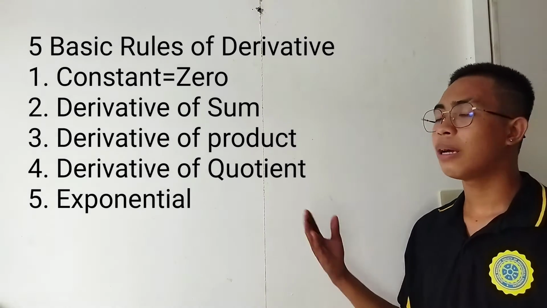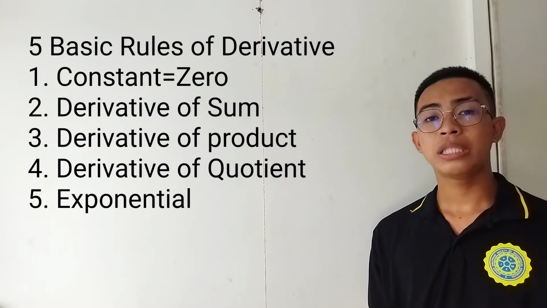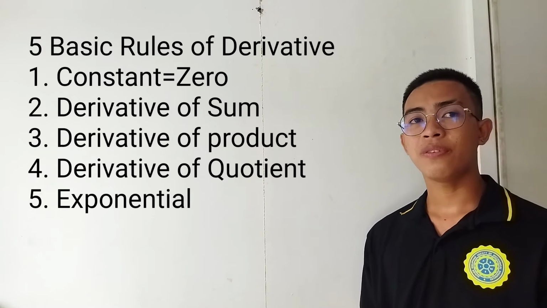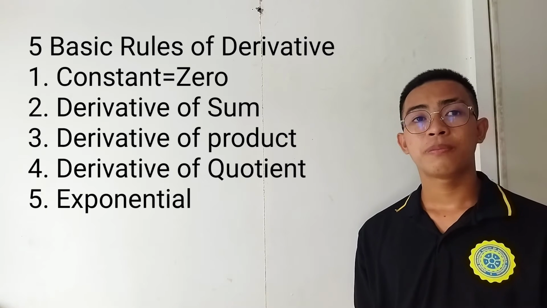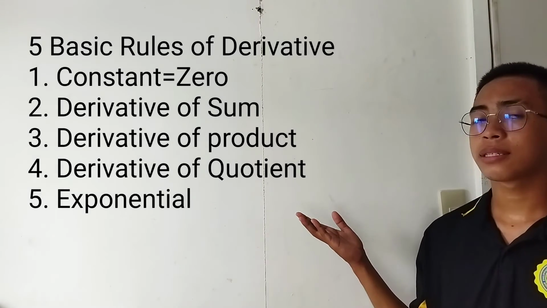So here is an example. y is equal to uv. So it would become dy over dx is equal to u dv over dx plus v times du over dx.